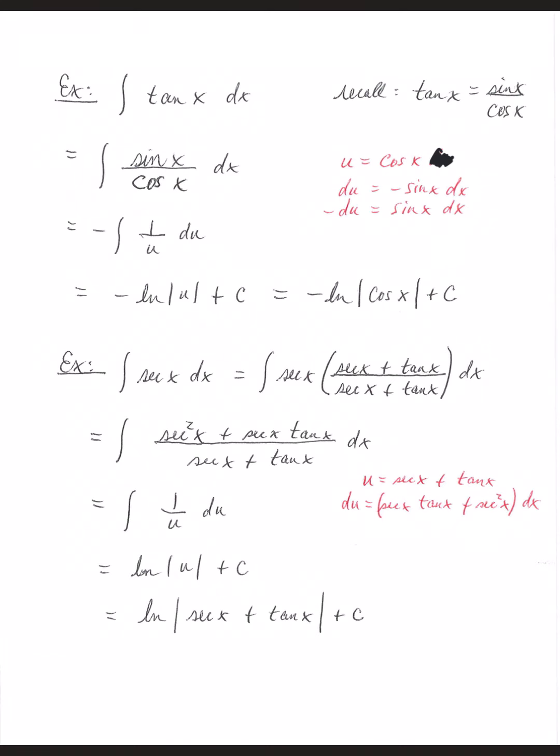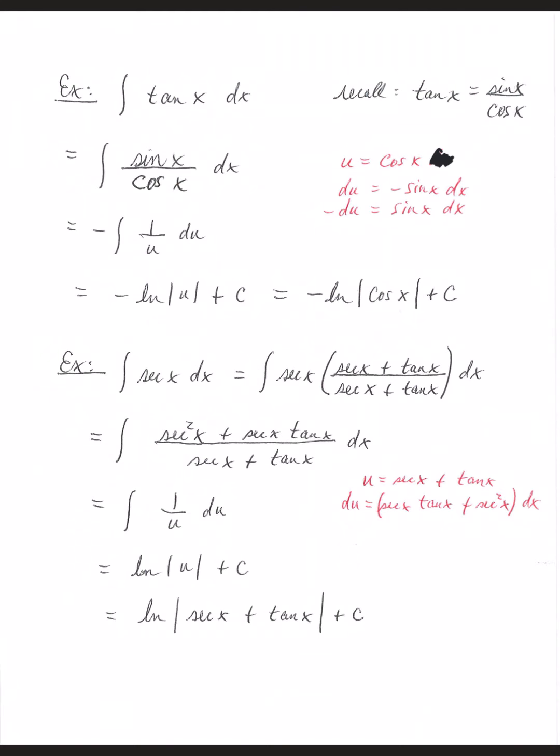Now, if I distribute through, that gives me secant squared x plus secant tangent over secant x plus tangent x, all dx. It turns out that by multiplying by this clever 1, the derivative of tangent is secant squared, and the derivative of secant is secant tangent.